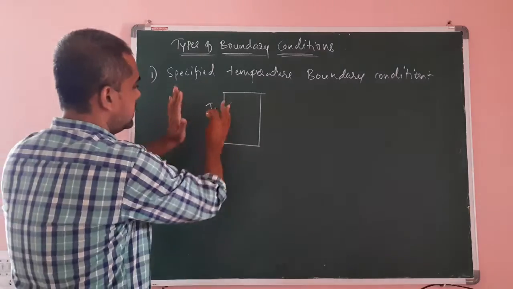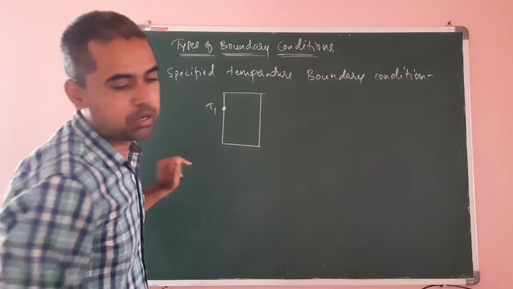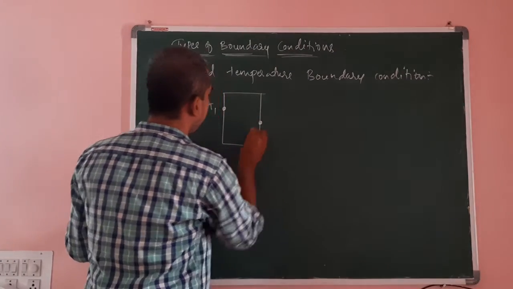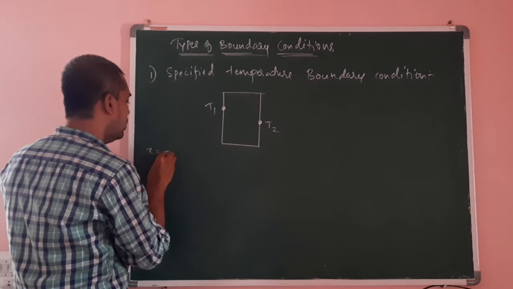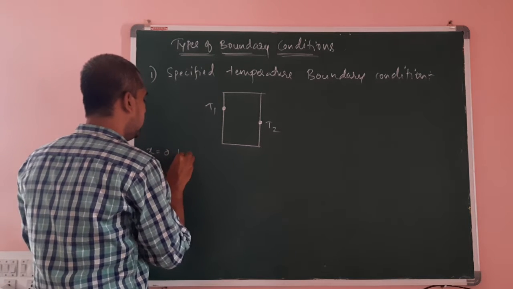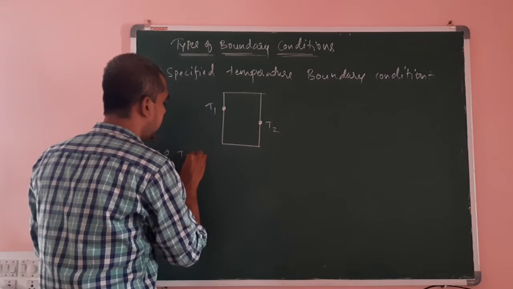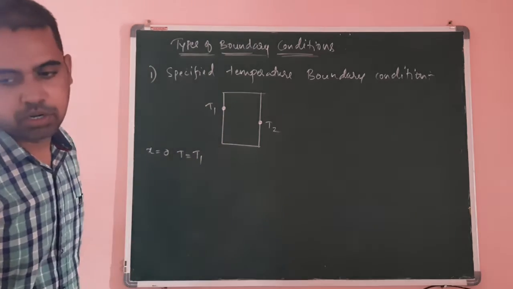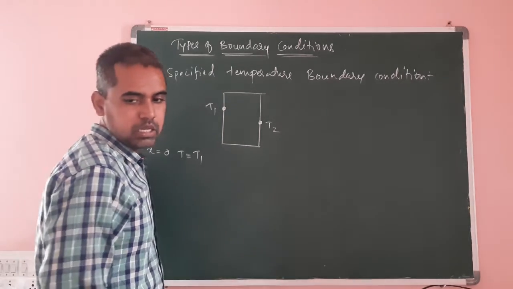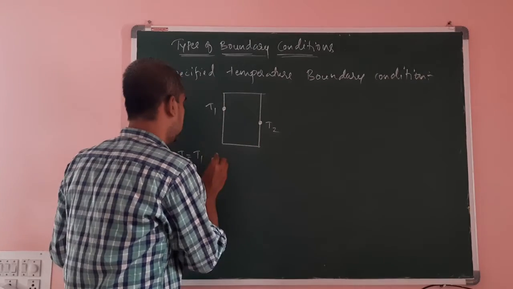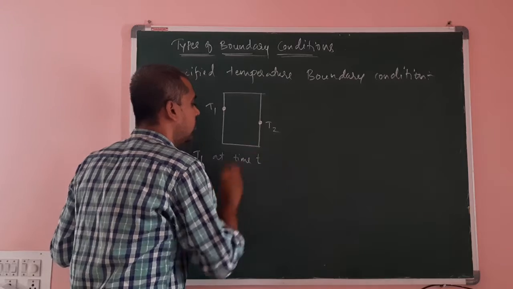We can write like this: at x equal to 0, T equal to T1, at x equal to L, T equal to T2. We can also write it at a specified time t.